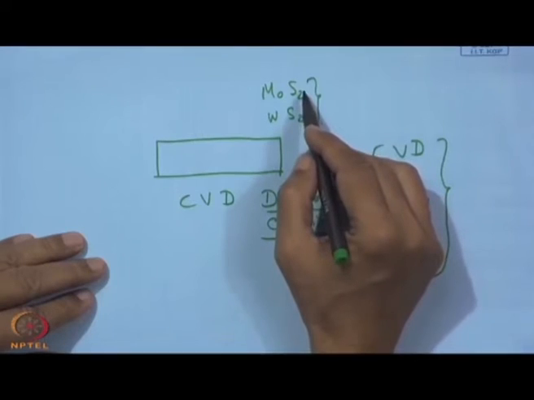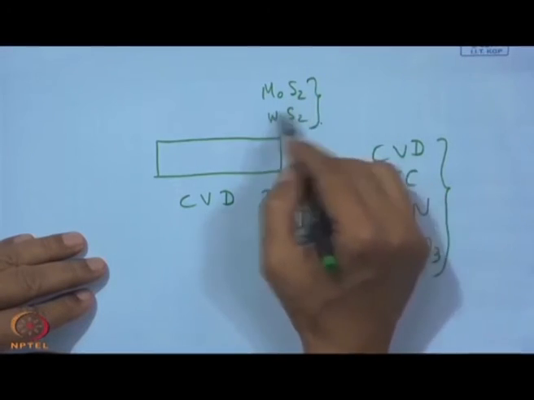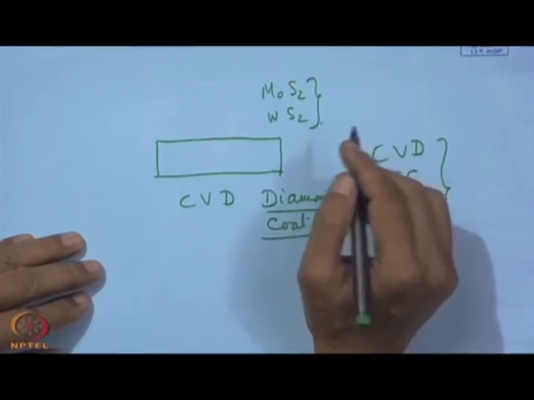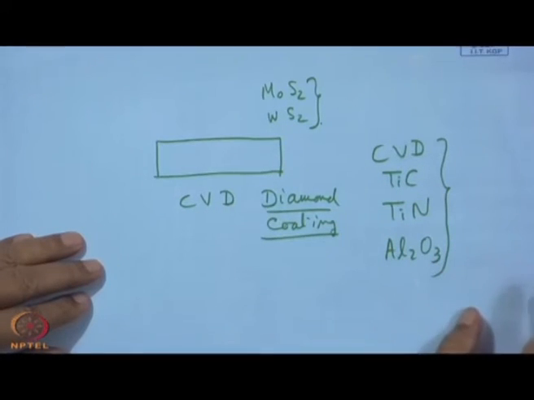So this lubricious coating with a hard support of diamond can also be a good prospective candidate in many mechanical applications, mostly involving cutting tools.